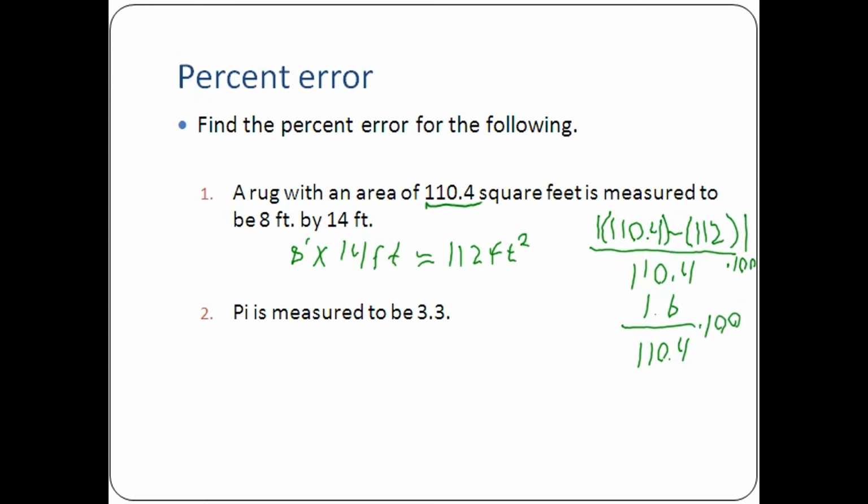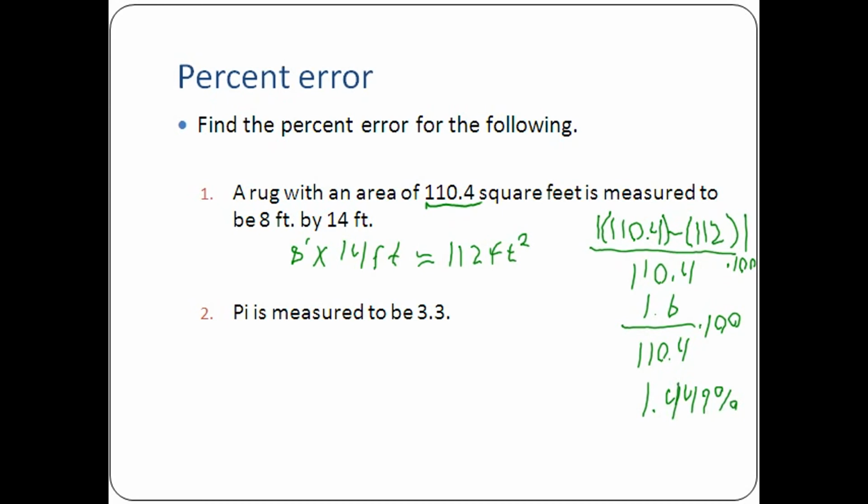And so doing this right here, you take 1.6 divided by 110.4, and then you take that number and multiply times 100. And if you do that math, you get that we have a final percent error here of 1.449%.